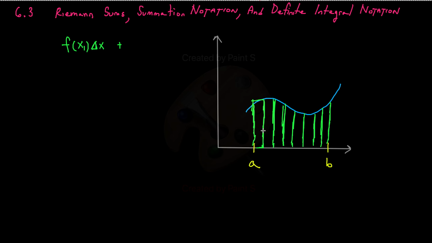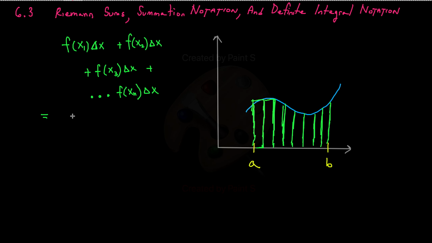Plus the next one is going to be f of x sub 2 times delta x, plus f of x sub 3 delta x, and I'm going to keep going, summing each one of these rectangles until I eventually get to f of x sub n times delta x.